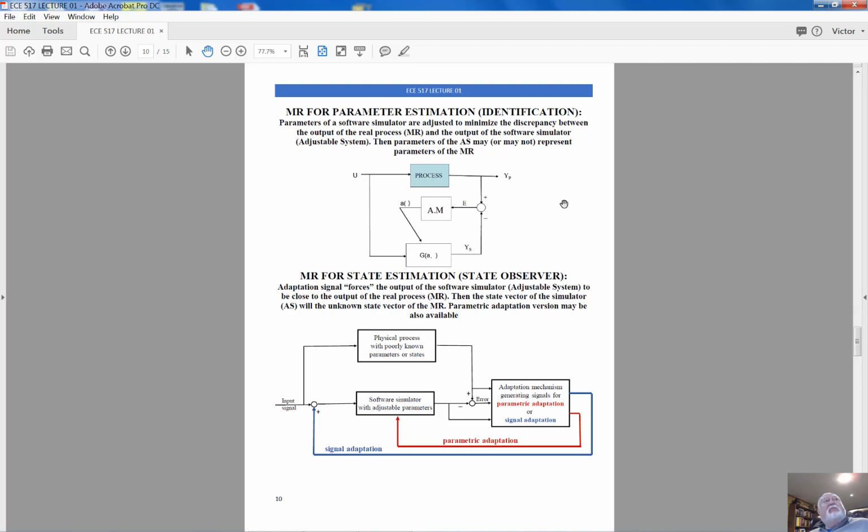There are several problems that we can address using the model reference approach. And they not necessarily should be control problems. One of the problems is parameter estimation or system identification. We have a particular physical process, and we don't have good knowledge of the characteristics of this process.